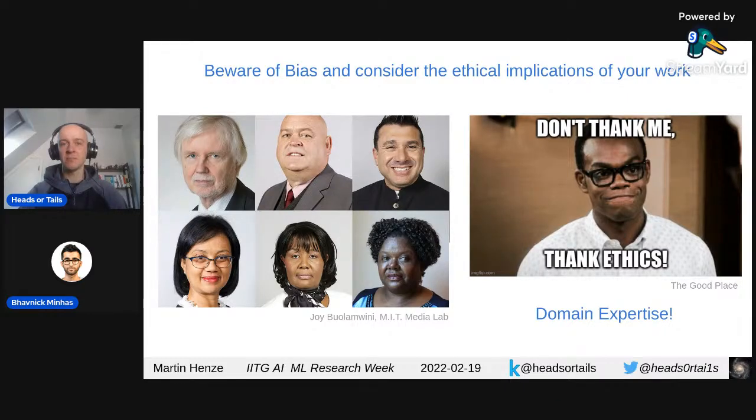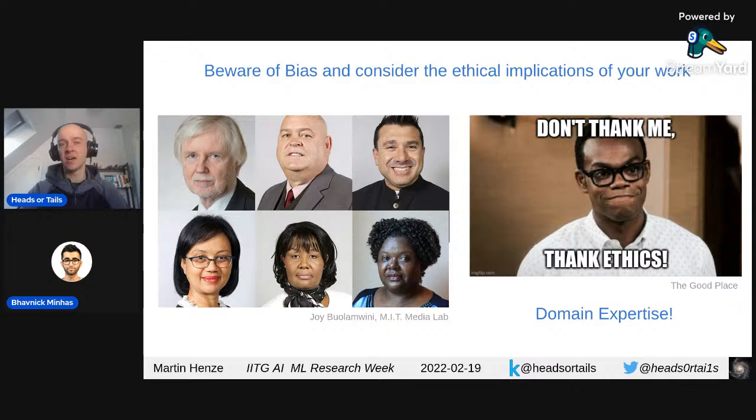Domain expertise is something that's important, and that's often overlooked when we talk about building machine learning models and applications, partly because the field is so new, and the field being so powerful is even newer, that we might often think we can get away with reinventing everything from neural network first principles, while we might not be aware that there is a large body of work that has already been done by other researchers, by social scientists, by linguists, by political researchers, that we should be aware of when we build these models, so that we can build them on a foundation that is secure and robust. So domain expertise is important.